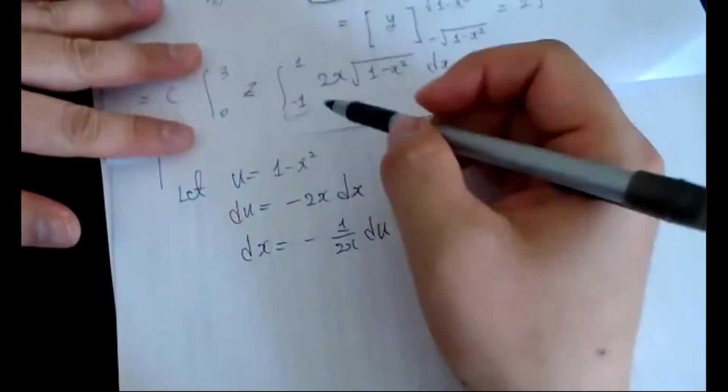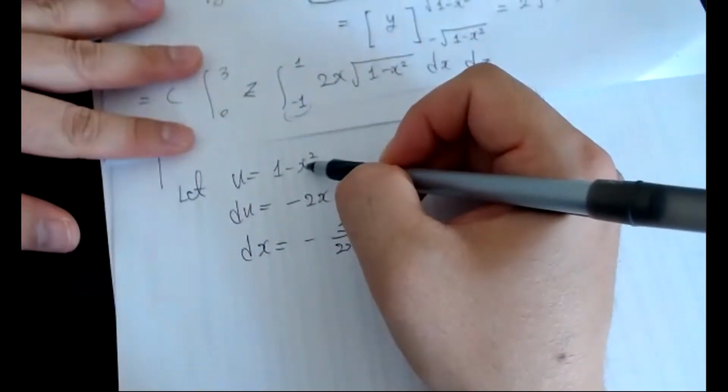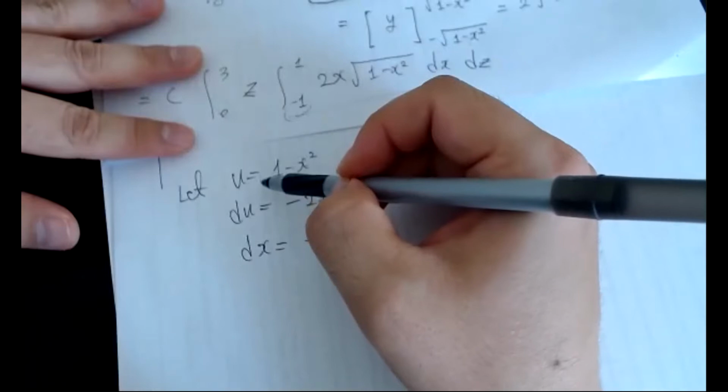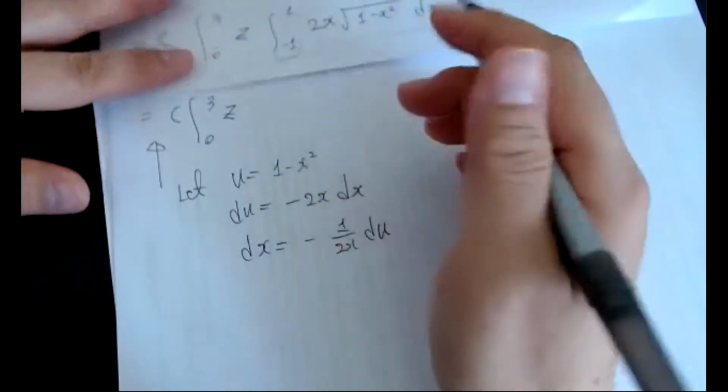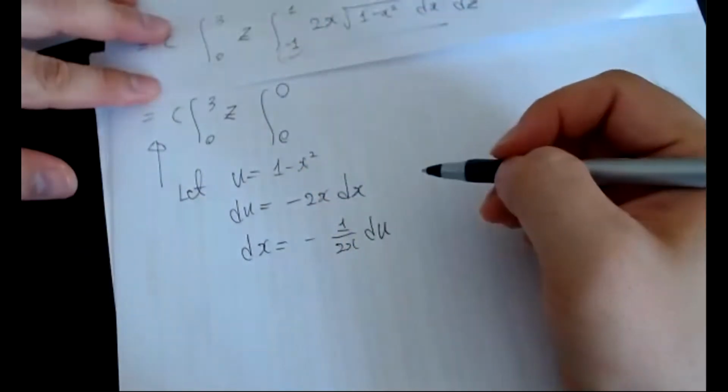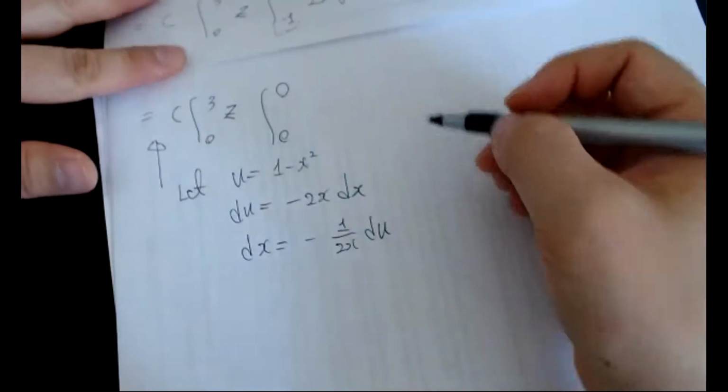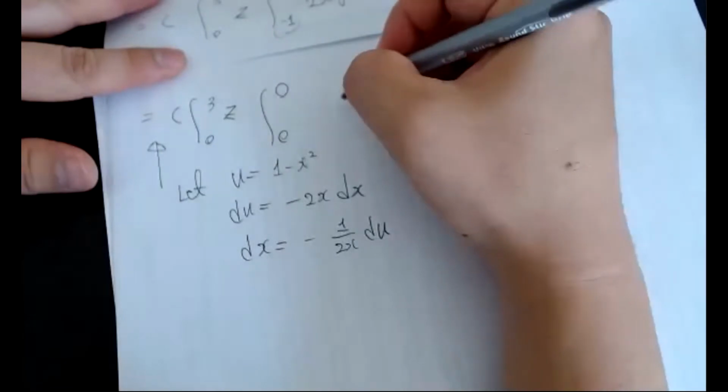So when x is negative 1, we're going to get 0. When x is 1, we're going to get 0. Oh, that's good news, right? Because the limits of integration are 0 and 0. And then the square root of 1 minus x squared is going to be the square root of u.